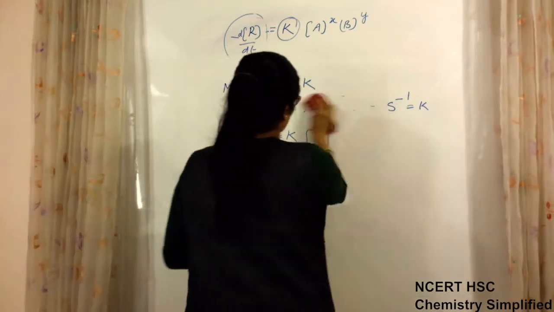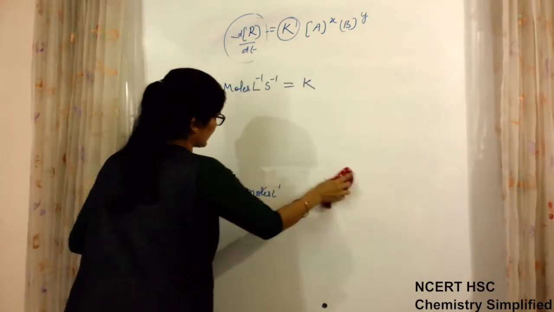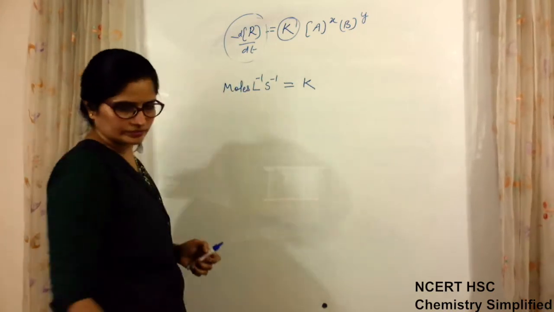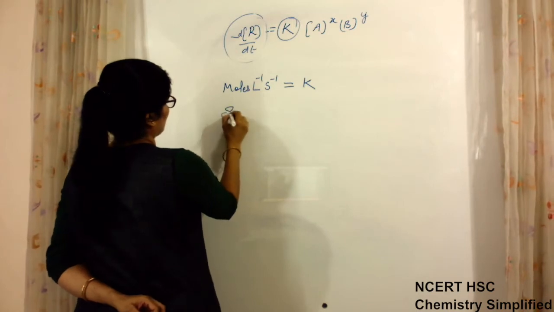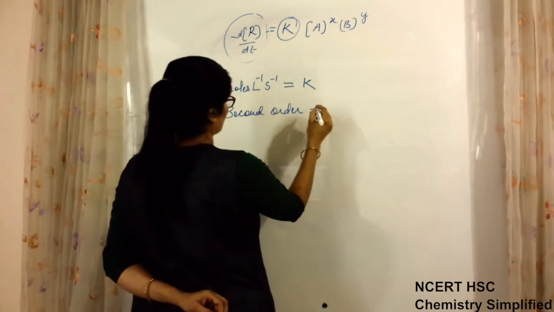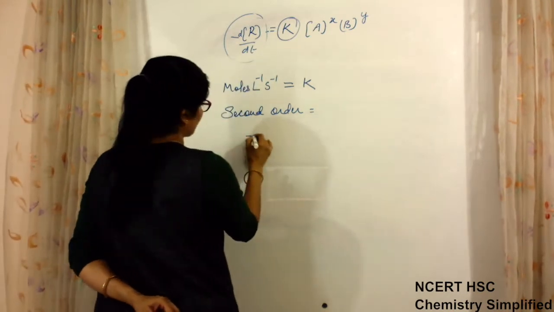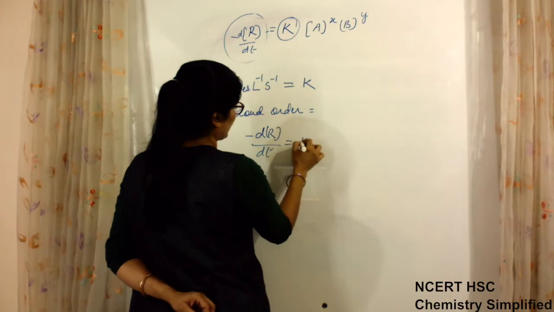Okay. So after this, we write the units for a second order reaction. Rate expression: minus dr by dt is equal to k.